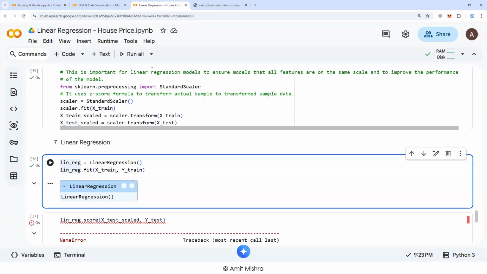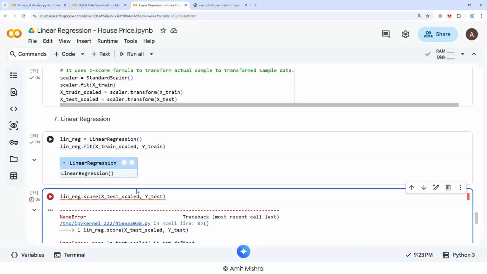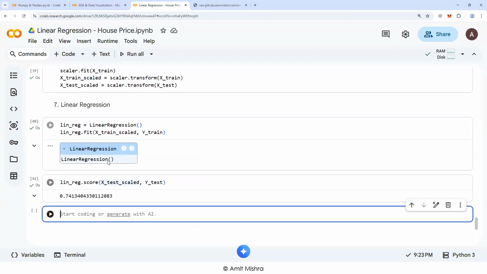Y train will remain as it is. Only changes will be in X train. And now that we have X test scaled and Y test as well, we get the score. It's coming out to be 74.13.